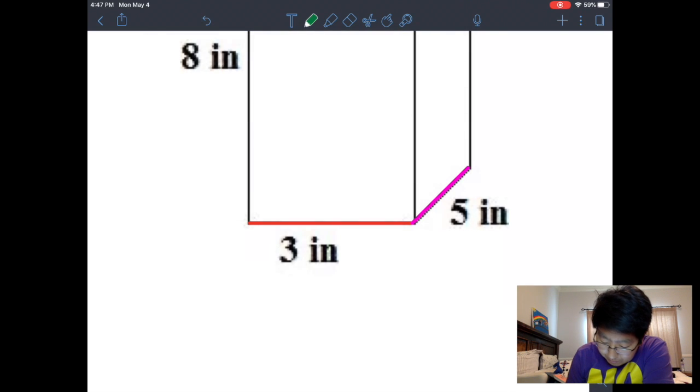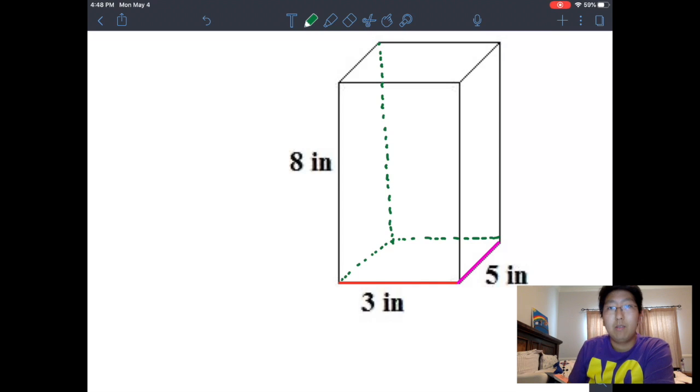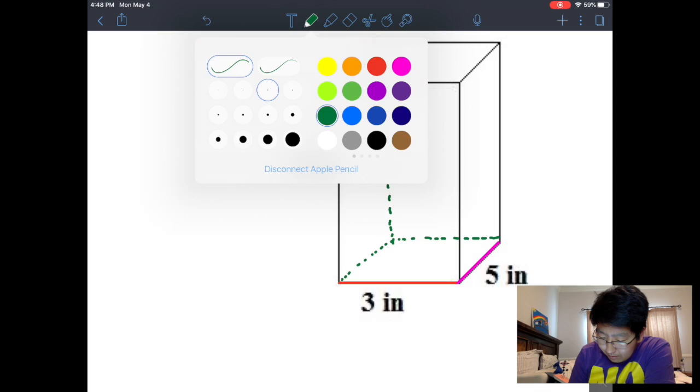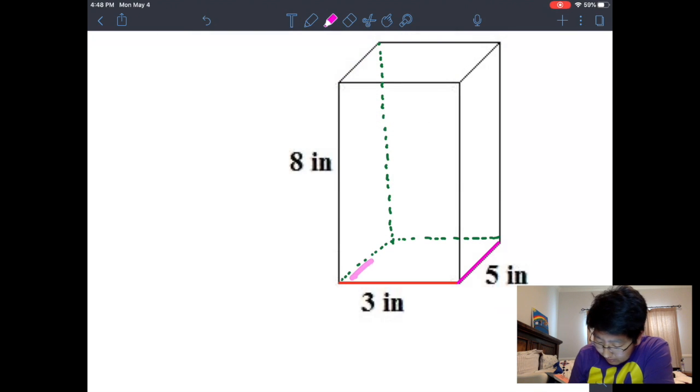Let's use green. Okay, so this is a 3-dimensional shape. Kind of looks like that. And we need to find the area of this base down here.